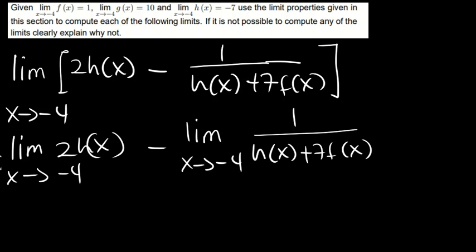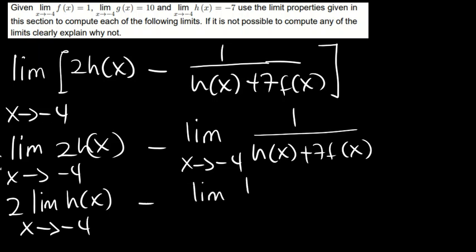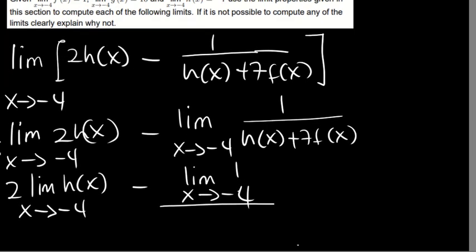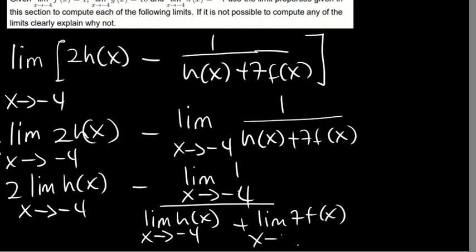From here, applying the limit property still, you can write this as 2 multiplying the limit of h of x as x approaches minus 4, minus the limit of 1 as x approaches minus 4, divided by the limit of h of x as x approaches minus 4 plus the limit of 7 multiplying f of x as x approaches minus 4.